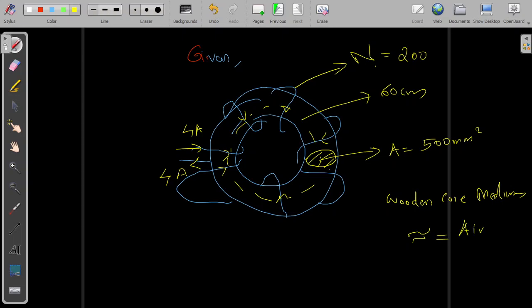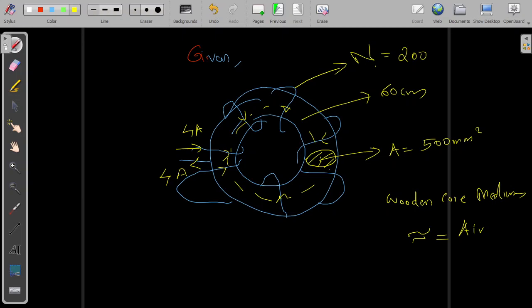Why? Because air is a diamagnetic material, and wood is also a diamagnetic material. So we can conclude that this is equal to air.